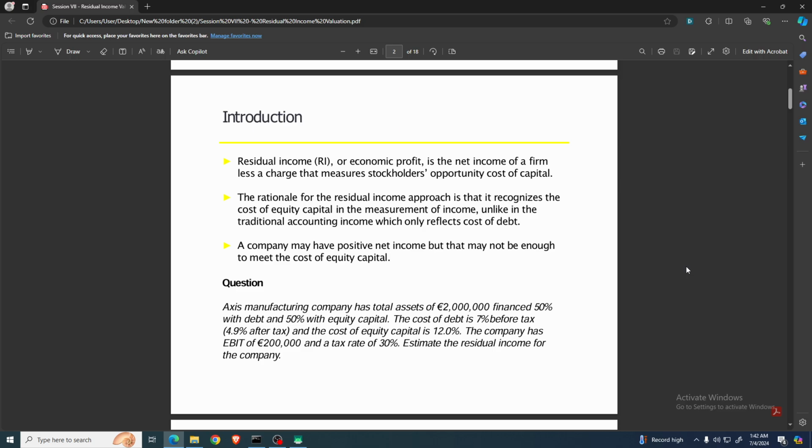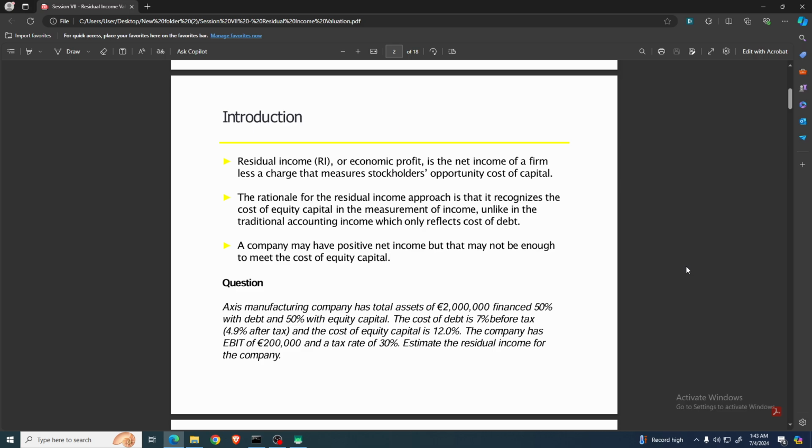A usual misnomer in the industry is that equity investors would not necessarily care about the return of their investment as much as the debt investors, but that is essentially not the case, and this aspect is addressed by the residual income approach. So by acknowledging this, residual income gives a fuller picture of a company's profitability.